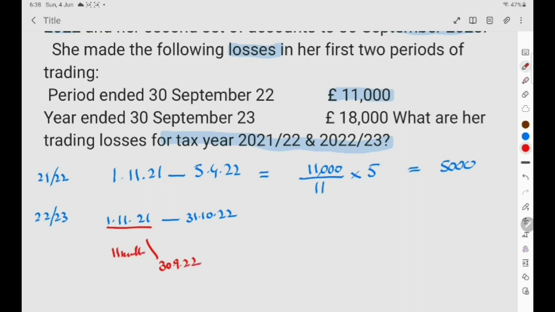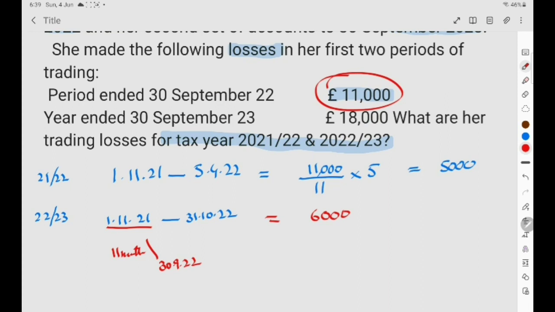In this period, we have total loss suffered 11,000. Out of this 11,000 of loss, 5,000 has already been recognized. So remember, losses are not overlapped. So remaining 6,000 of your loss will be considered in this tax year.